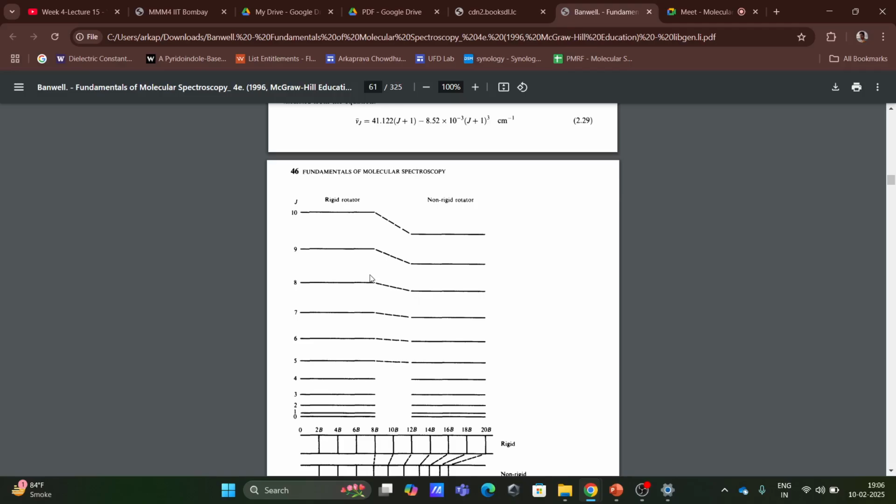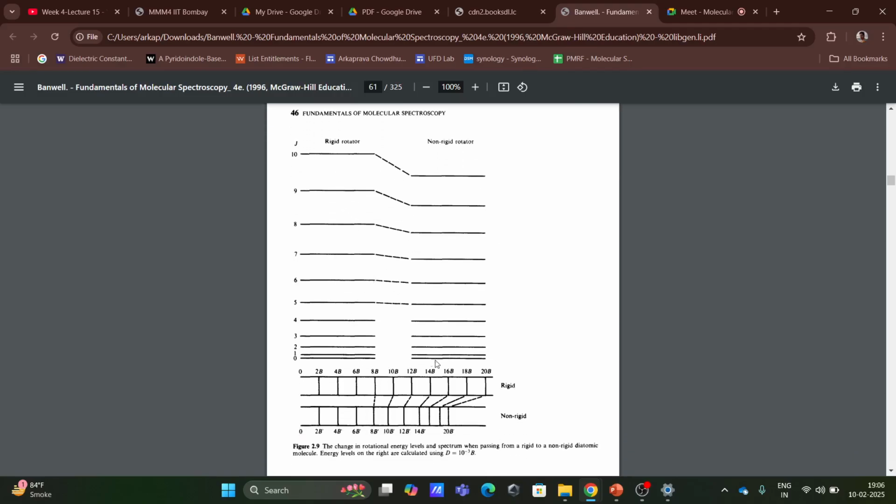So this is how the energy spacings will look. When J is very small, the change is not much. But when J is 10, this is for a rigid rotor and the right hand side is for a non-rigid rotor. So here your bond length can change. Now the energy is decreasing, so obviously the difference between the energies is decreasing.